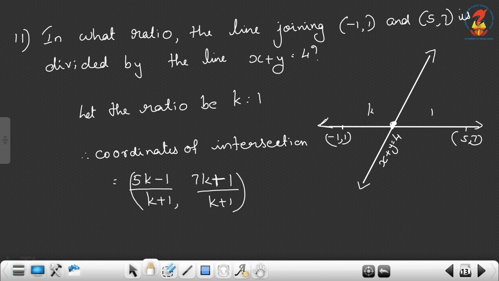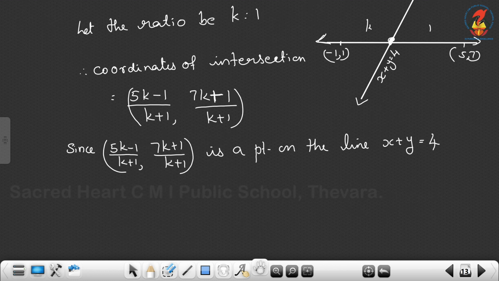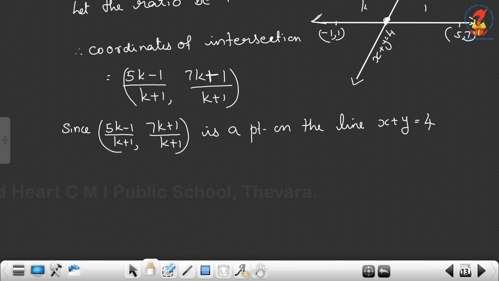And this point lies on the line. Since (5k minus 1 by k plus 1, 7k plus 1 by k plus 1) is a point on the line x plus y is equal to 4, we can substitute for x and y.